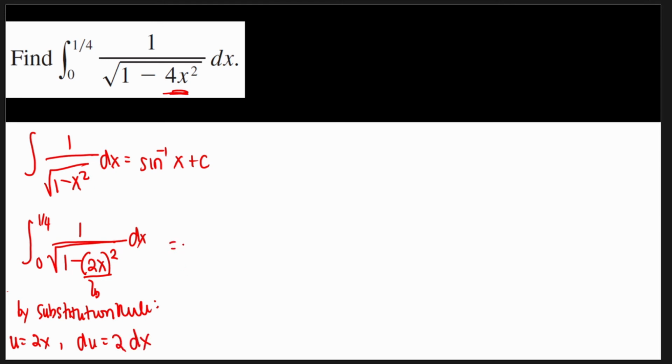So this is an equivalent of 1/2 of the integral from 0 to 1/4 of 1 all over the square root of 1 minus u squared, then 2dx becomes du.